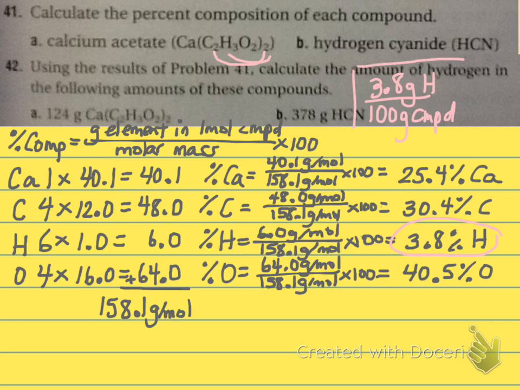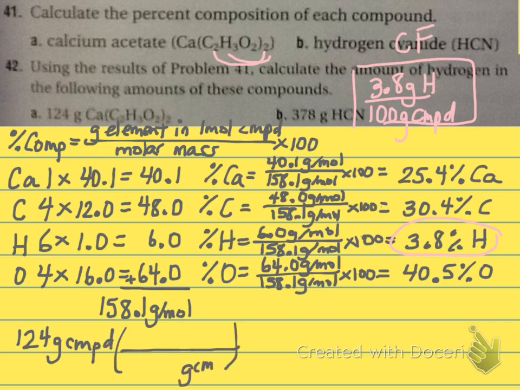So this is the conversion factor we're going to use. In this problem, they give me 124 grams of my compound. Grams of compound have to go on the bottom. Grams of hydrogen are going to go on the top because they want to know how much hydrogen. And we know that in 100 grams of compound, we have 3.8 grams of hydrogen.